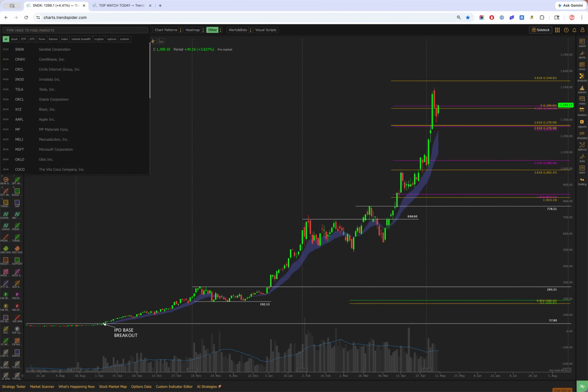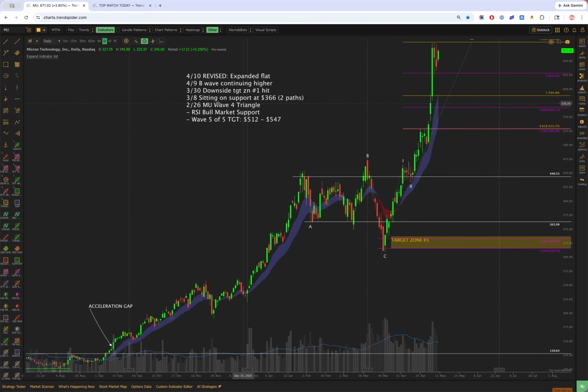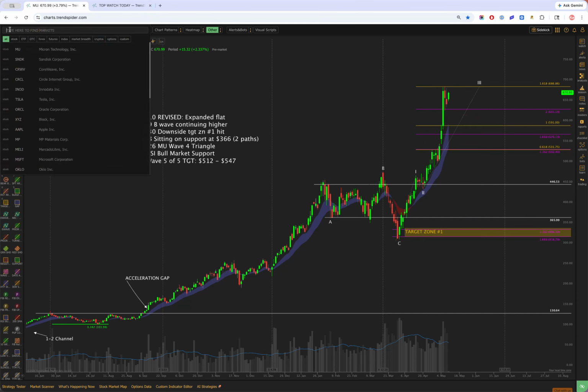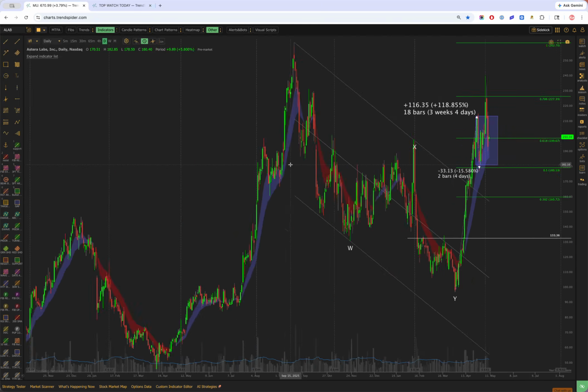Look at what's happening with MU. It's the same story, right? High tight flag, boom. High tight flag, boom. Big move. Probably going to flag at some point. Here's 1. Here's 2. Here's 3. Where's 4? One more example. ALAB. I traded this one with you guys.